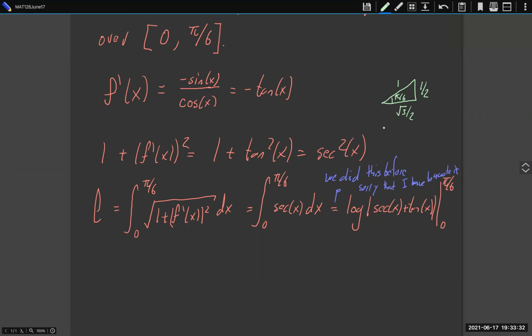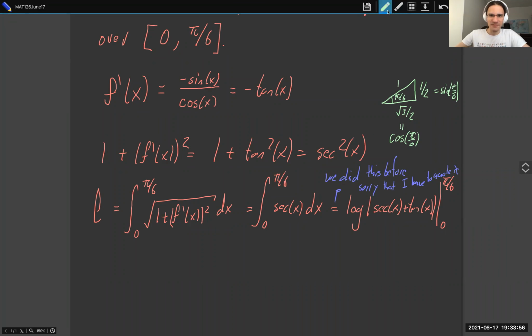Okay. So this is equal to cosine pi over 6. And this is equal to sine of pi over 6. And I'm happy to do this example because in the homework, I'm putting a bunch of definite integrals, and you need to remember your two special triangles. They come up a lot.